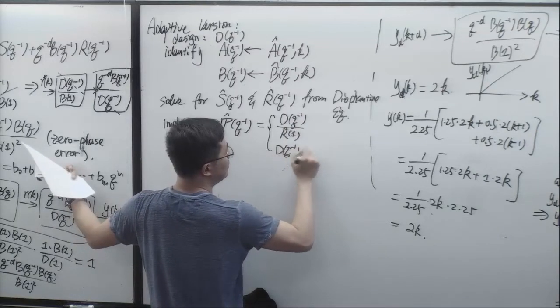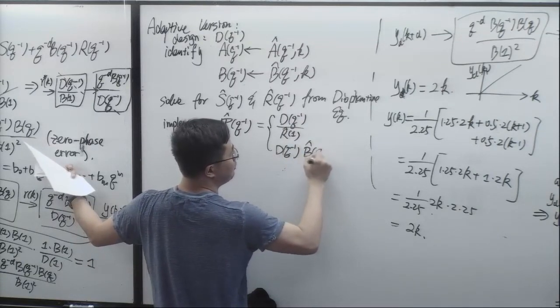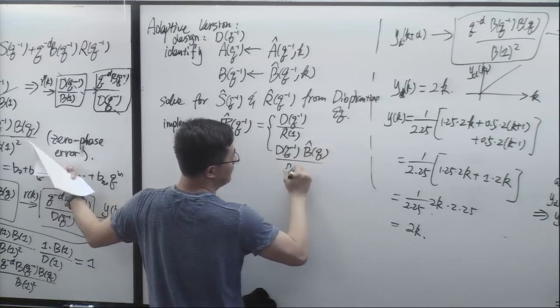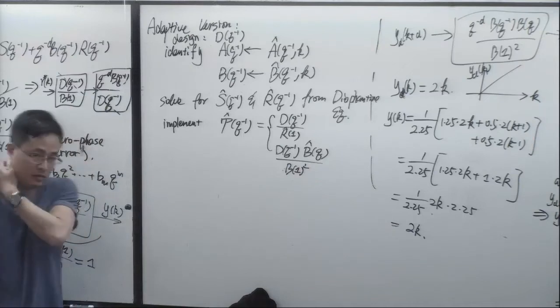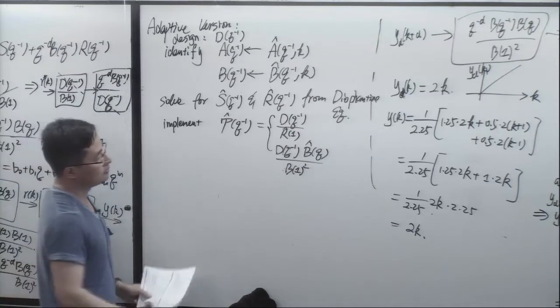Either version of this requires some knowledge of B. That's why we still need to do adaptive control. All right?